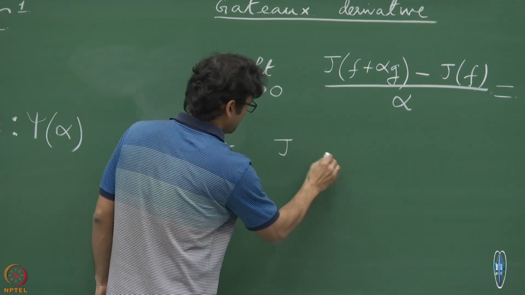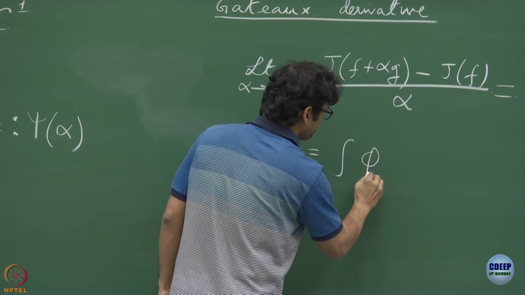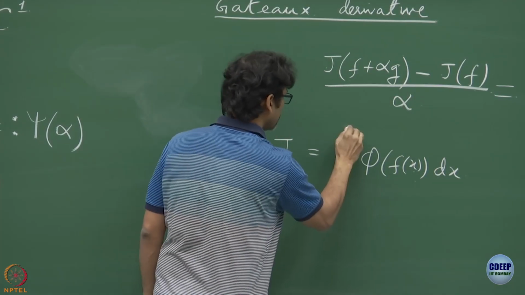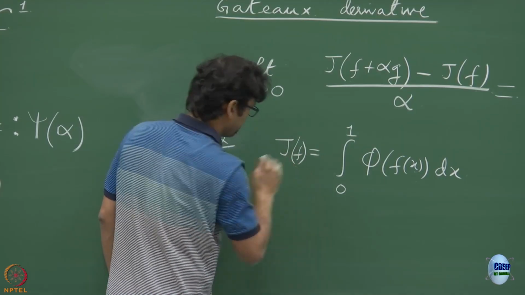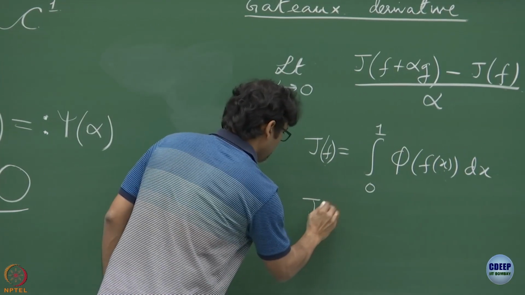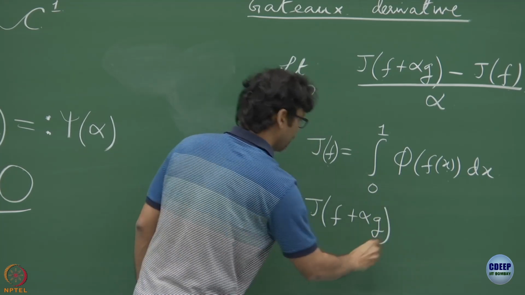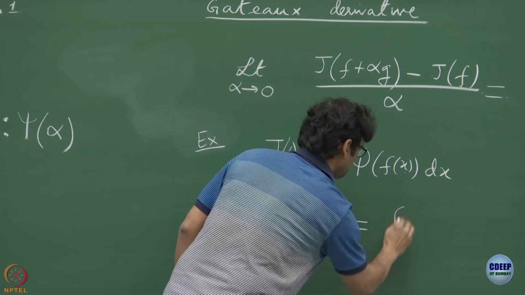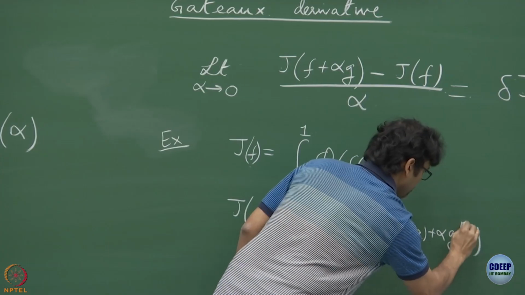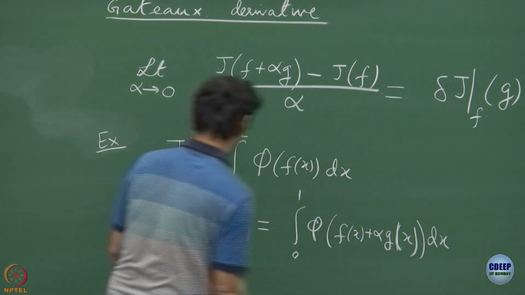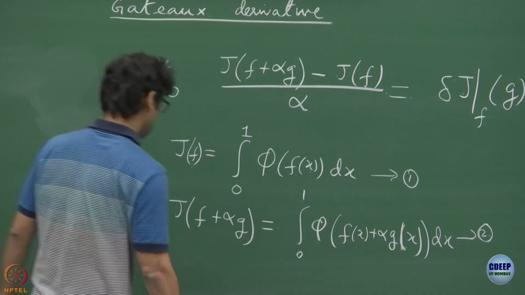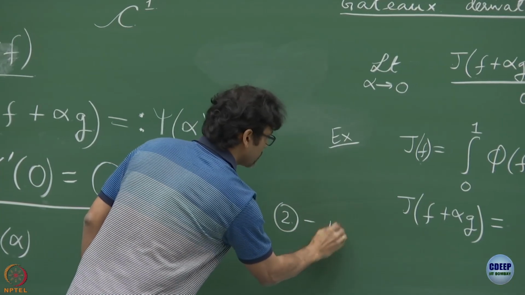Just to convince you how to go about finding this using this limit here, let's consider an example. Suppose j is given by the integral of phi of f of x dx between 0 to 1. So this is 1, this is 2. So of course 2 minus 1 gives me what?